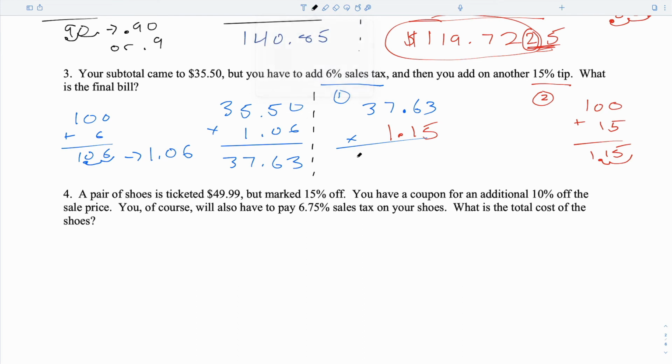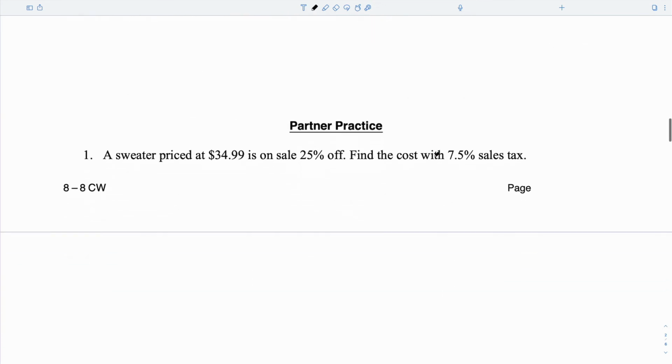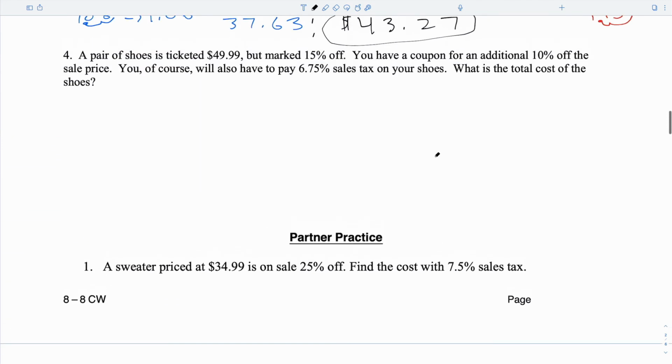Agree with that? Yes, disagree, no. 43.27, Grant, you agree? Isaiah, you agree? I agree. Okay. If you got something wrong, it looks like you may have plugged something in incorrect. Next page, please. Skip number 4.